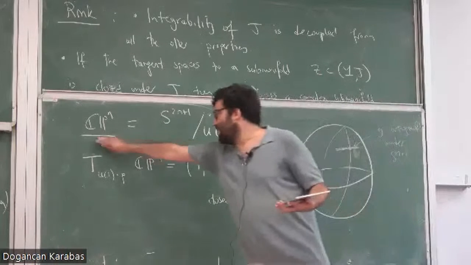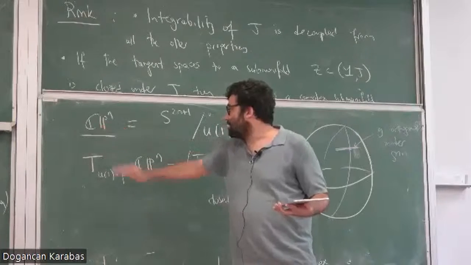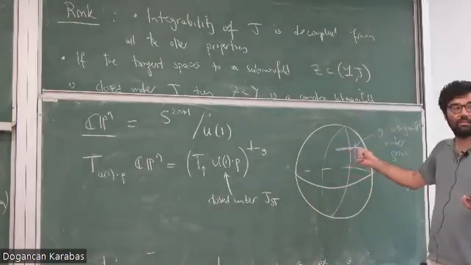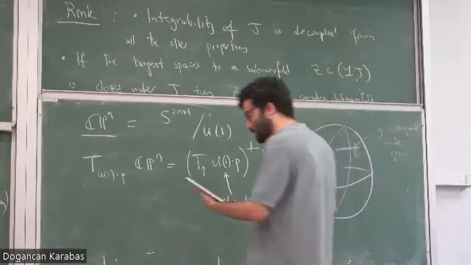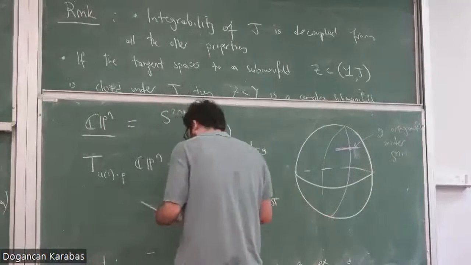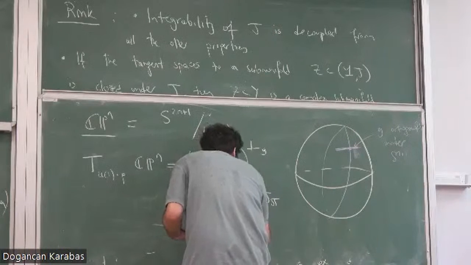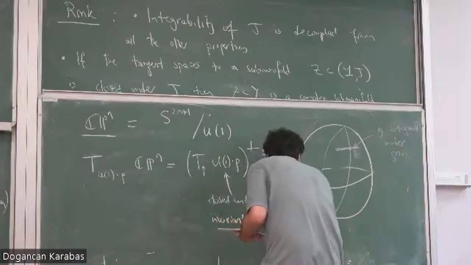So the J that I'm going to get from the standard structure of CP^n is induced from this J, from these slices. And it's also invariant under the U1 action.